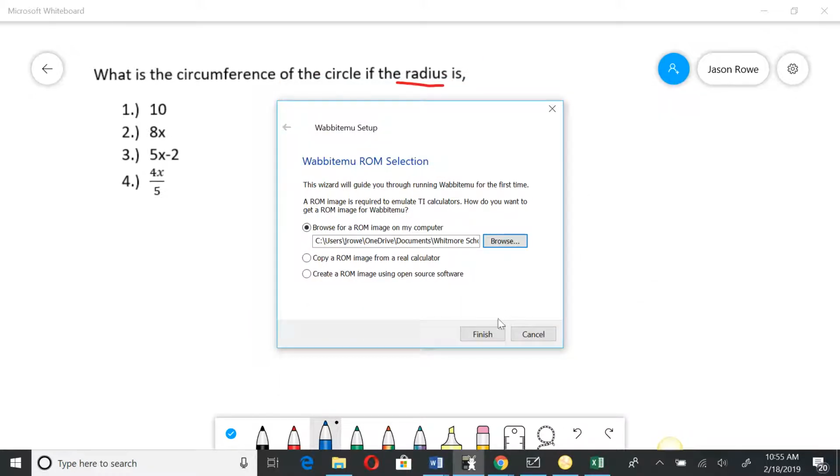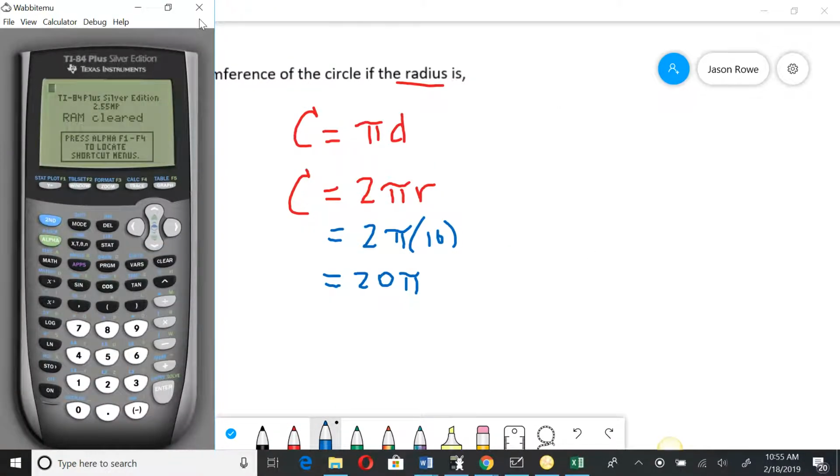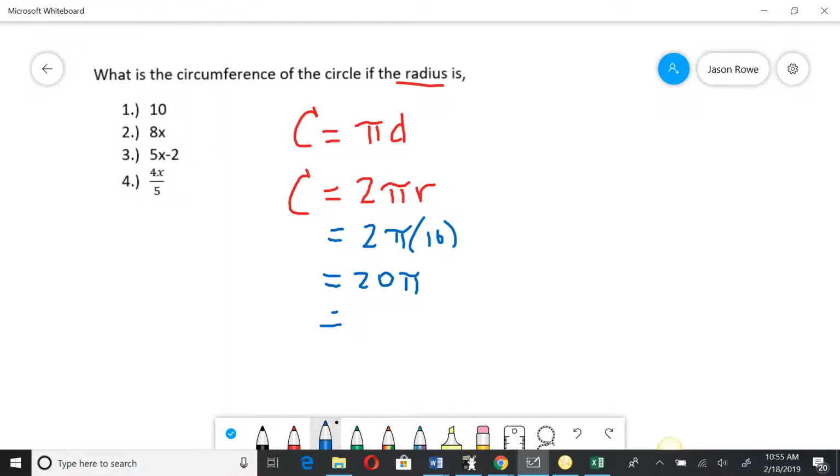If it doesn't say you can do it either way, sometimes you'll be told to give the exact answer. That is called the exact answer, in terms of pi. If I just want a decimal equivalent, I'll do 20 times 3.14, our estimate for pi, and that'll be 62.8, and then whatever the units are.